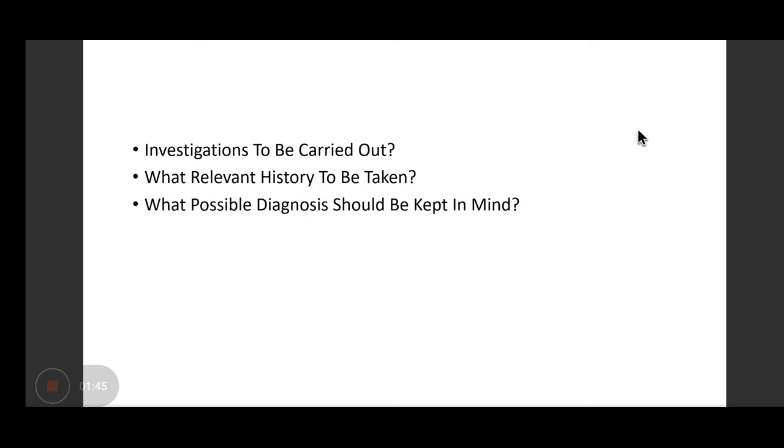Yes. First, you can do sputum examination, chest X-ray. Some more. Yes, occupational history is very important. Okay, so you will, yes, history of smoking.